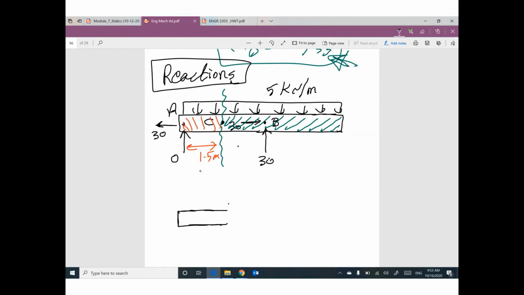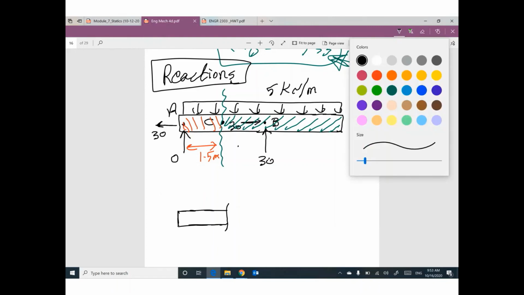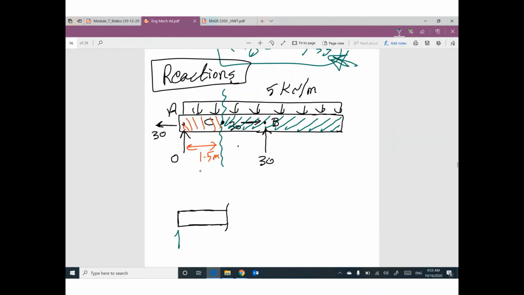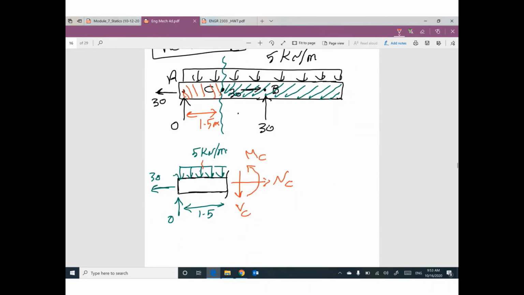I did cut here. What do you have? I have vertical reaction 0. I have horizontal reaction 30. I have a little bit of the uniform distributed load, and this distance is 1.5. At the cut, we have normal, shear, and moment. Don't forget, we have a little uniform load here: 5 times 1.5.